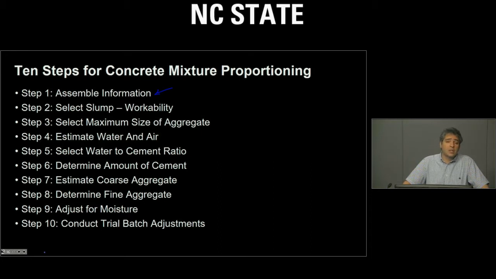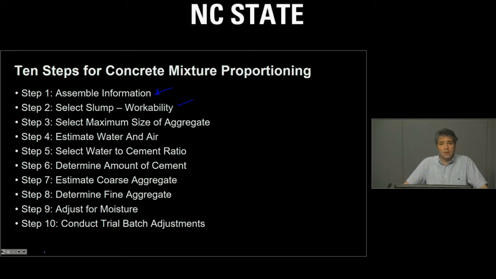For example, what is the specified compressive strength of the concrete, whether there are limitations on the amount of cement that goes, for example, what is the minimum cement content that is required to be inside the concrete, and so forth. We will go through all of these steps in detail. Then we want to select the workability of our concrete, and we use slump as a measure of workability. As I mentioned, the so-called placeability of our concrete, and that is step number 2.